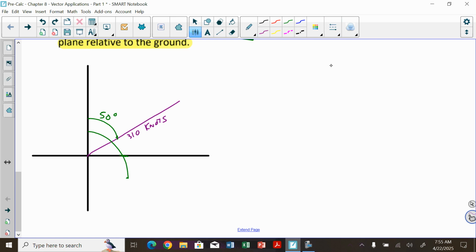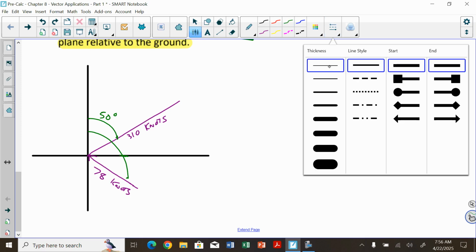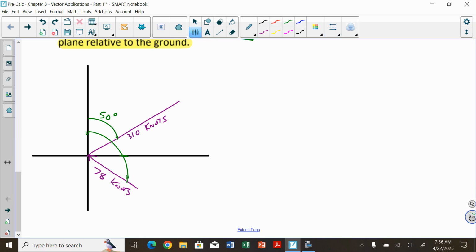This angle, 125, is that we're going this way here. That is the 78 knot wind. And again, remember that this here is 125 from the y-axis. So that's a 125-degree angle there.